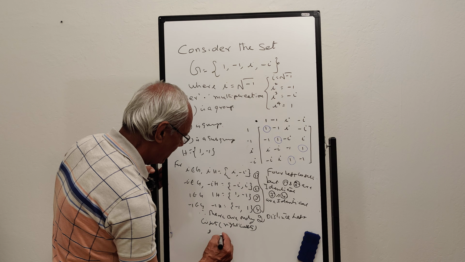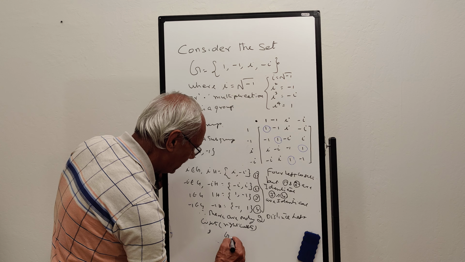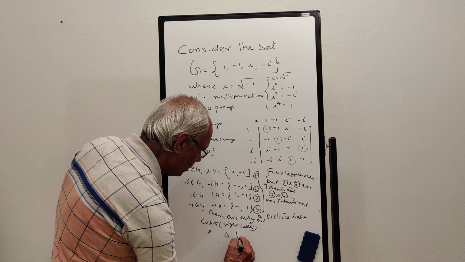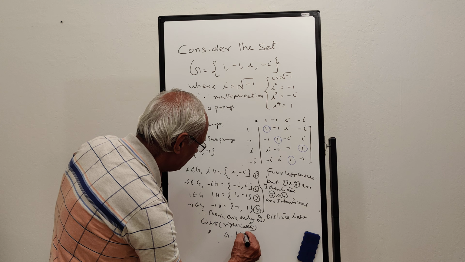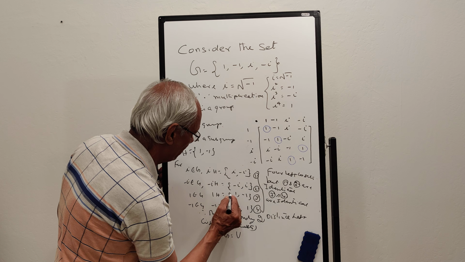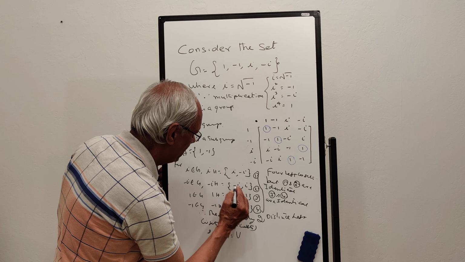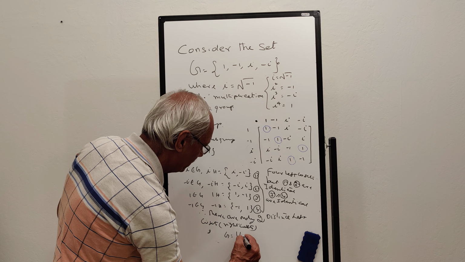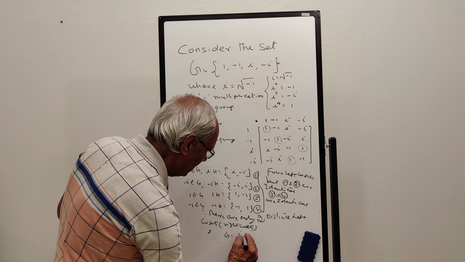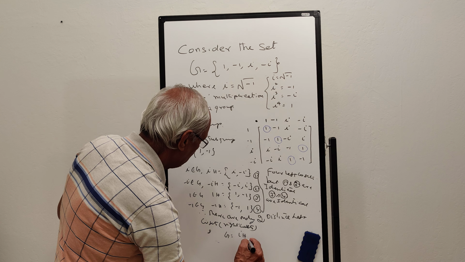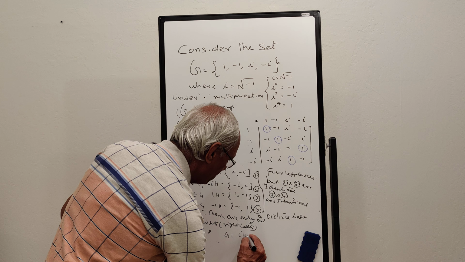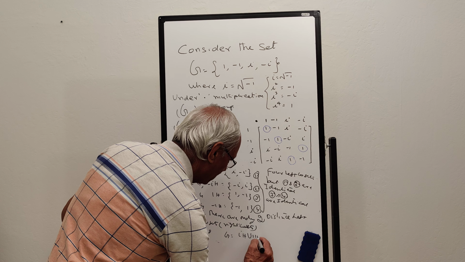And this G is equal to the union of these two: IH union 1H.